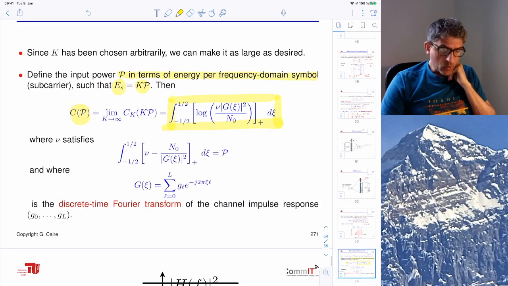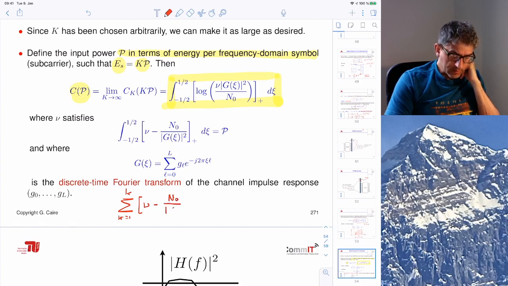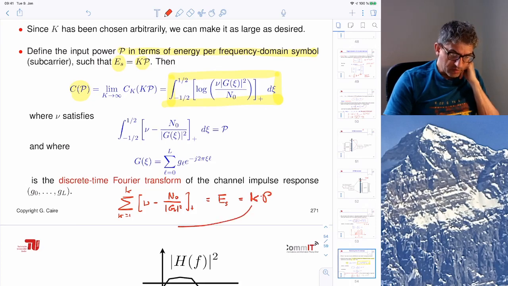And the equation that determines the water level also becomes an integral, because the equation originally was the sum from 1 to K of the positive part of nu minus N0 divided by g_k squared equal to ES, but now ES is K times power P, this is big K. We divide everything here, so we get 1 over K here, and this becomes equal to P, right?